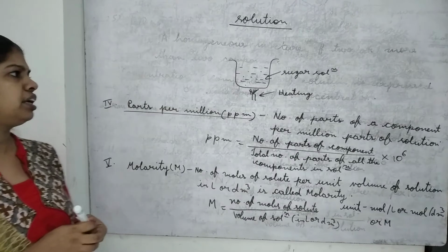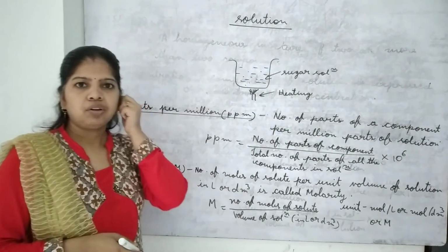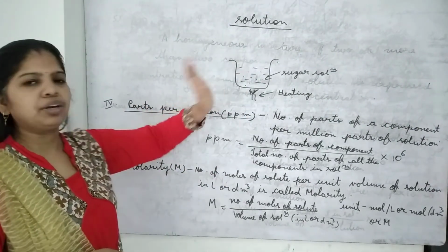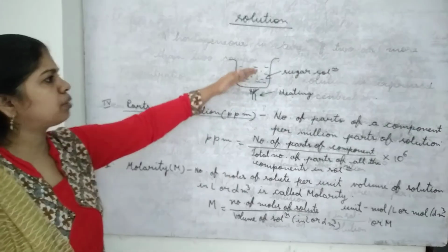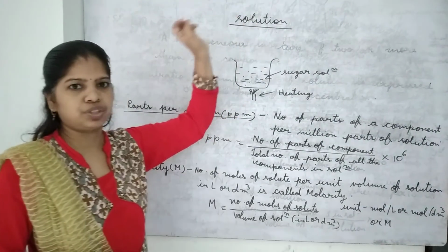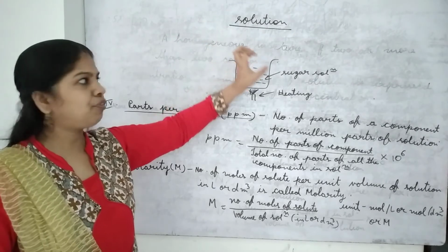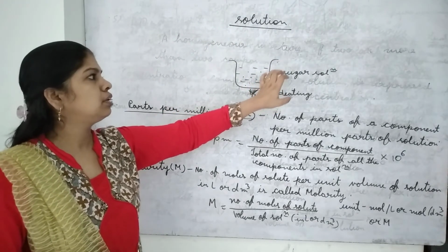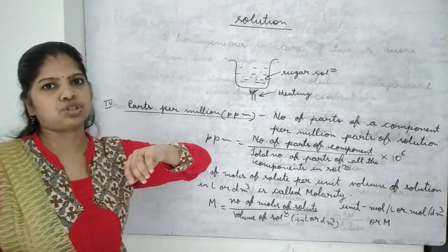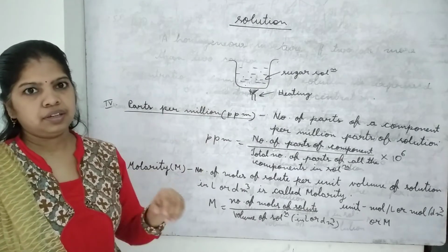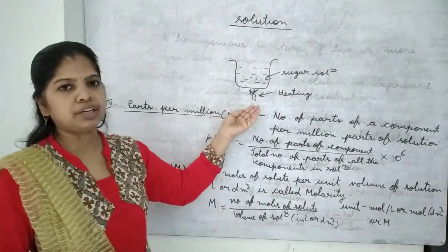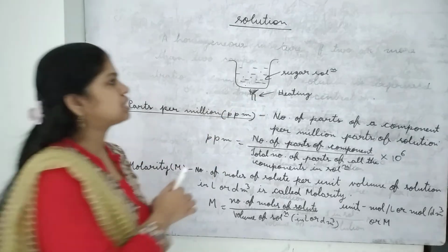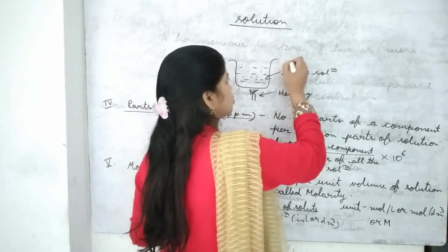That means we are increasing temperature. Water molecules are volatile, so water molecules will escape slowly, and finally the concentration of sugar solution will increase. By increasing temperature, if we are heating, the concentration of sugar solution increases.